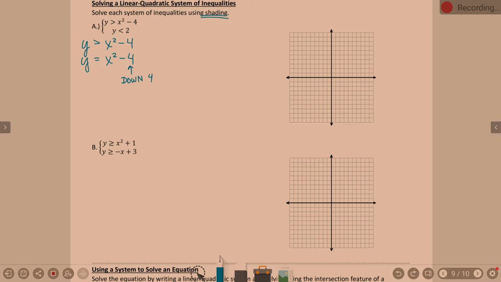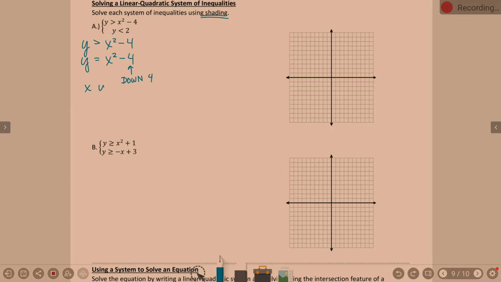Because there's the bx term, we had to use the axis of symmetry, x equals negative b over 2a. But today, there's no b, it's just x squared. You can take that x squared parabola graph, move it left, right, up, down, whatever we need to do. So we're going to take the x squared minus 4, and move it down 4.